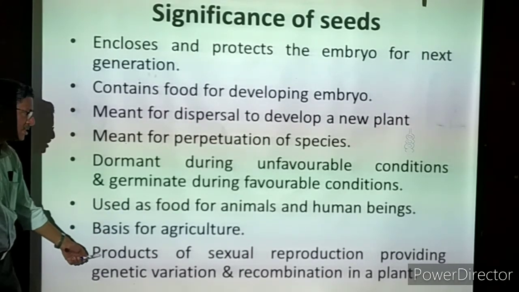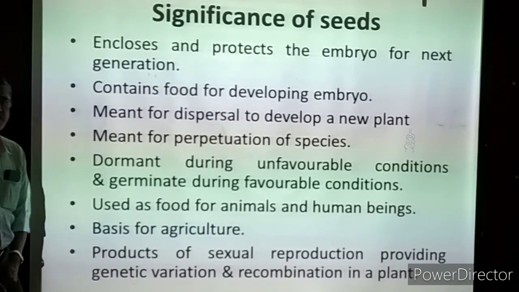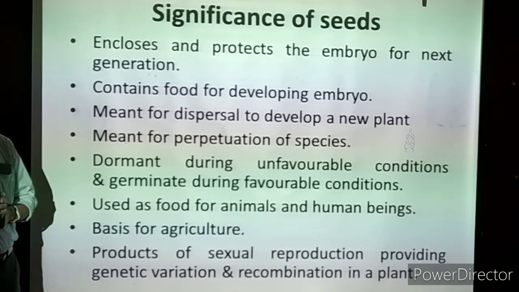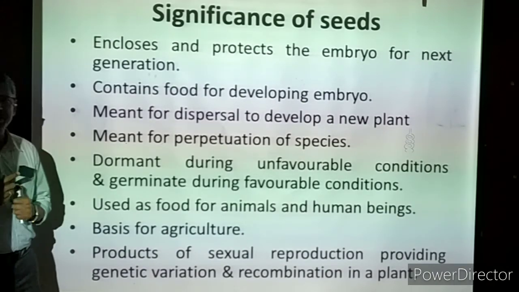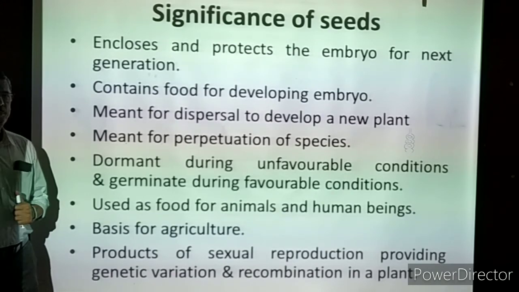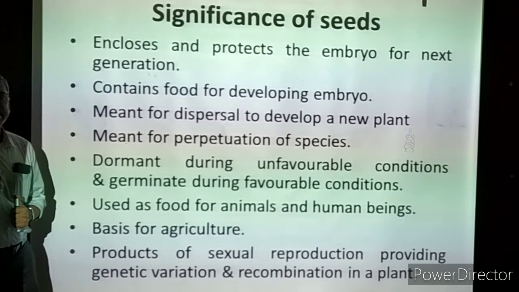The products of sexual reproduction provide genetic variation. For example, in seeds we are applying biotechnology. The genes carry the characters of the parents to the next generation. That is genetics, what we are studying. But we are applying certain techniques and altering the genes in the gametes.